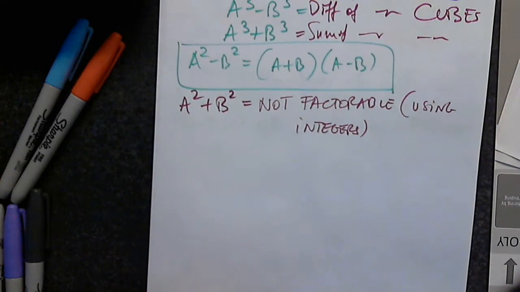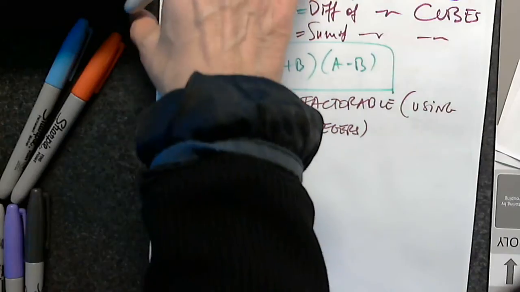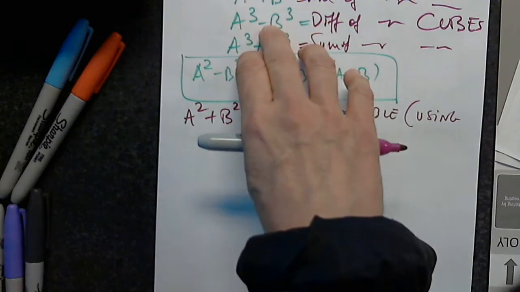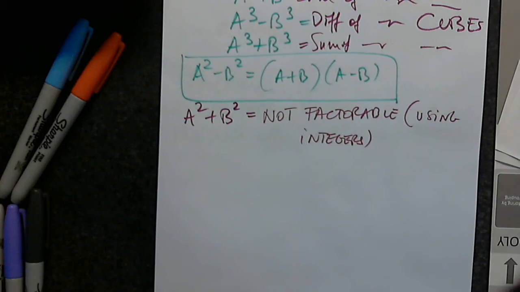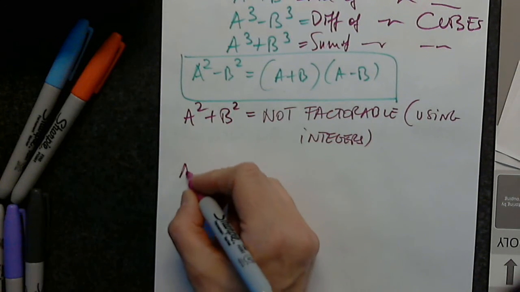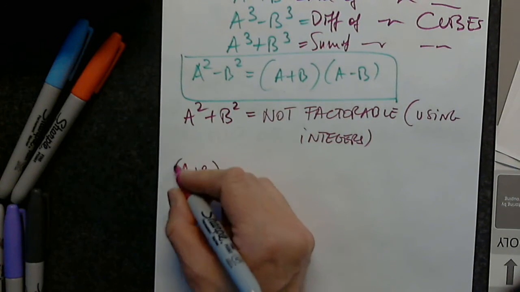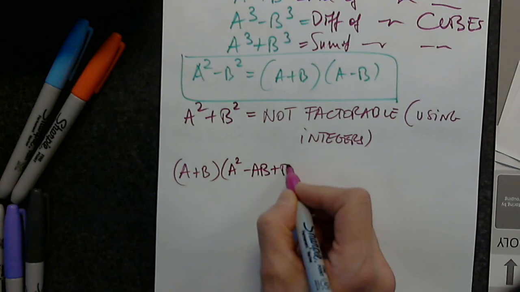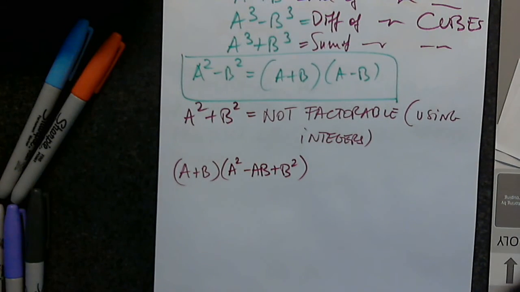Okay, so let's talk about the difference of perfect cubes. Before we do that, we have not discussed these two ever before. This is totally new. So I would like us to multiply this binomial by this trinomial. I just want us to multiply these two, and you'll see in a minute.